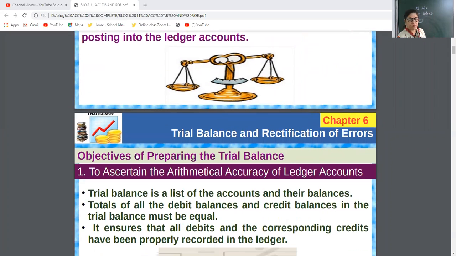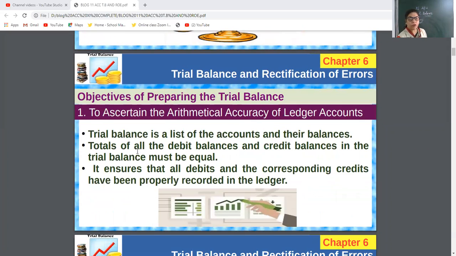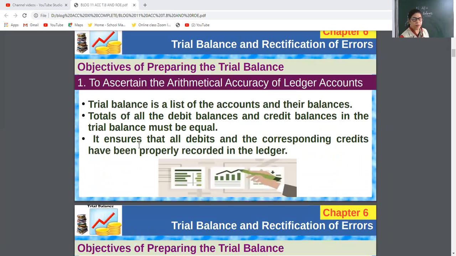Now see, objectives of preparing the trial balance, aims of preparing the trial balance, need of preparation of trial balance, importance of trial balance, why to make the trial balance, reasons to prepare the trial balance.